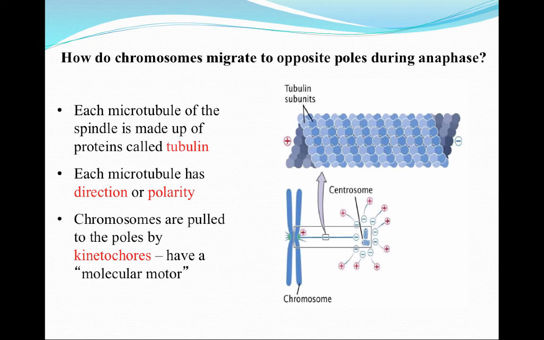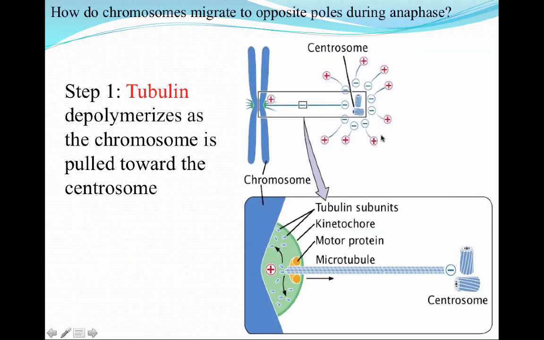So as you can see here, this gives you just a little bit of an overview. We have our chromosomes here. We have sister chromatid number 1 right here. It's going to have a kinetochore associated with it that's going to have a positive charge on one end and a negatively charged second end that is going to be more towards the pole. And that microtubule is going to be made up of tubulin subunits.